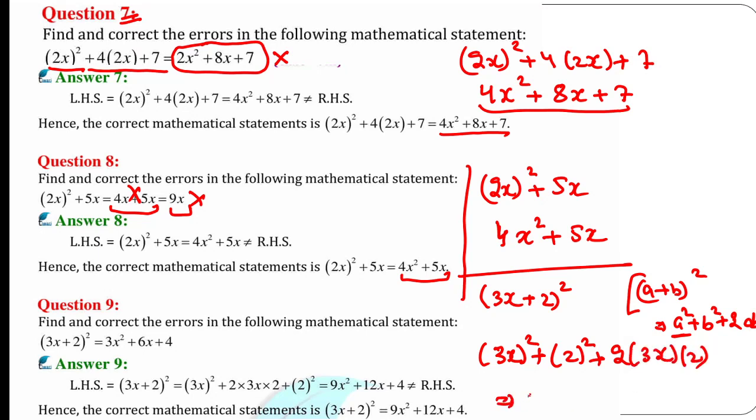On solving, what will we obtain? We will obtain 9x² plus 4 plus 12x. So this is your required equation. The 3x² is wrong, and so is 6x. The required equation is 9x² plus 12x plus 4.